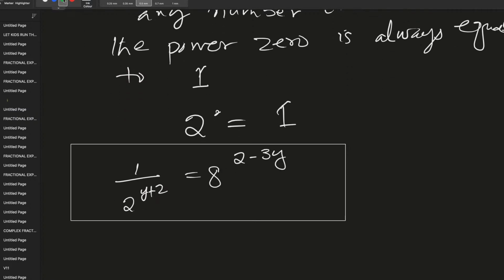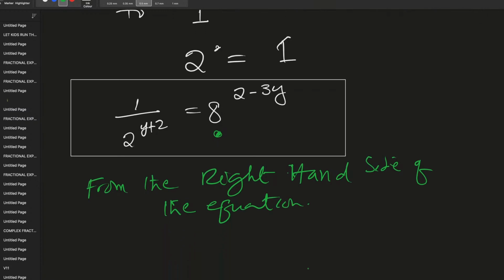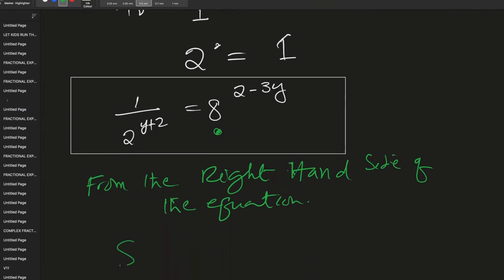From the right hand side of the equation highlighted, you will see that 8 can be written as 2 times 2 times 2, which is the same as 2 raised to the power 3. Okay, so we are going to replace the 8.